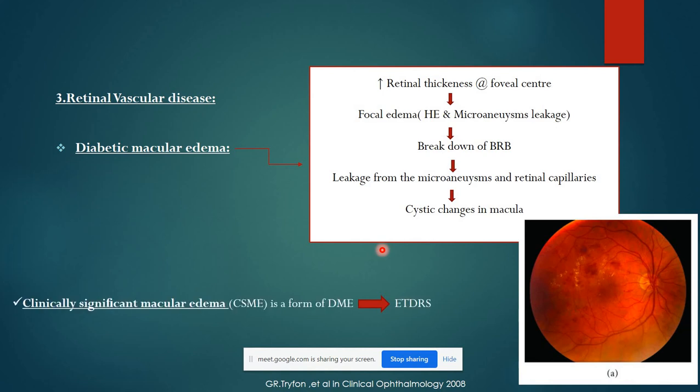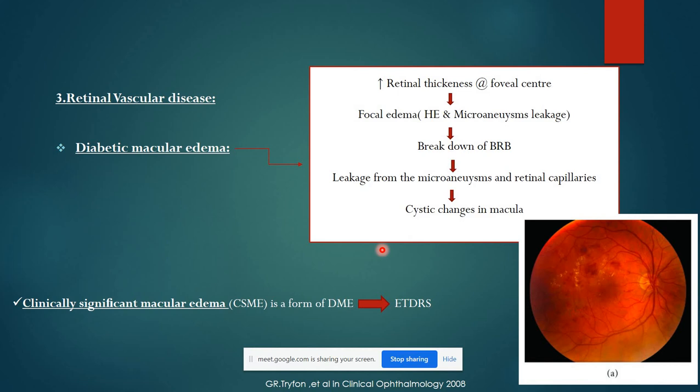So clinically it is again divided into clinically significant, which we had discussed in the previous classes. So maybe you can just go through that and then come back when we discuss the types of grading in the grading section of the DR portion.